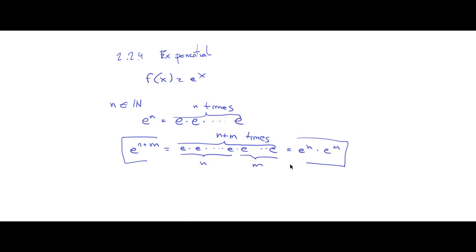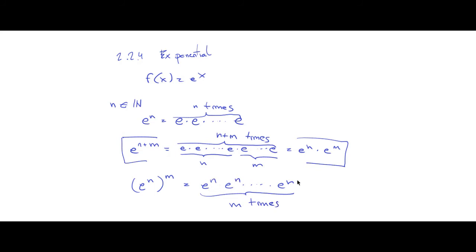And from this it follows that e to the n times m is e to the n times e to the n and so on, times e to the n, with m terms of e to the n.